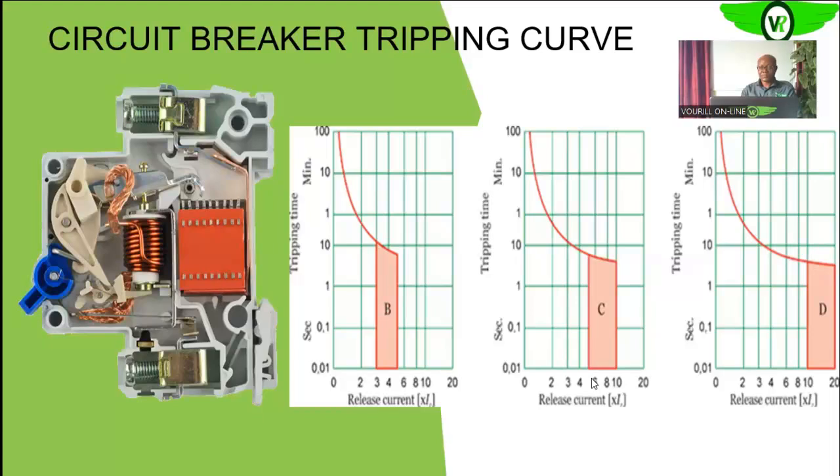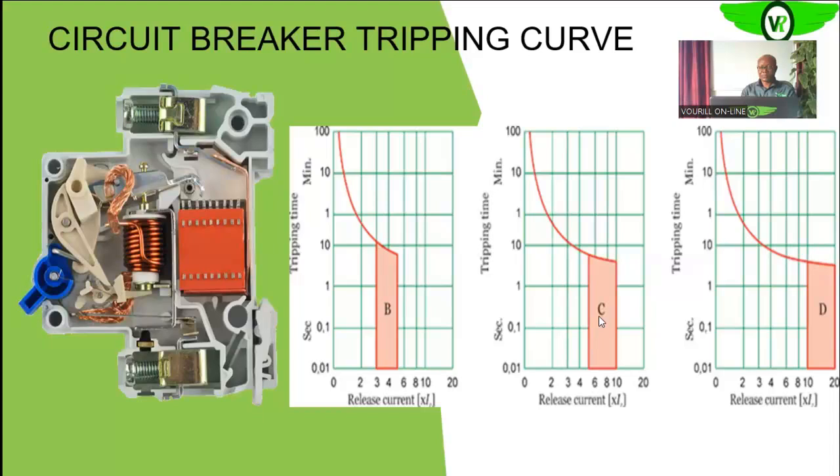If you look here, you see that this one will trip instantaneously between 5 times and 10 times the rated current of the circuit breaker. This is called the C trip curve. Those circuit breakers whose operation is guided by this curve show the indication of the C curve on the face of the circuit breaker.